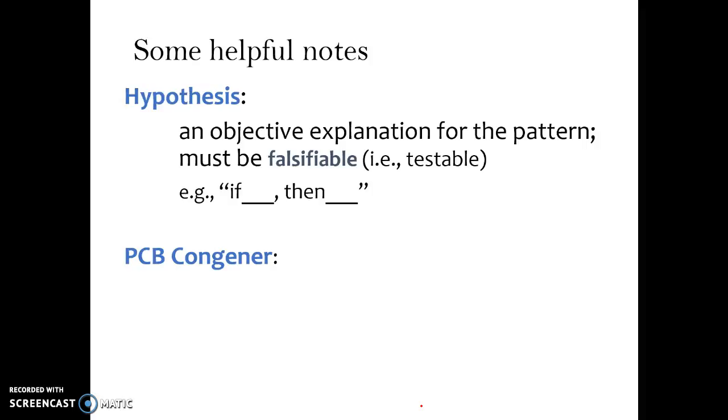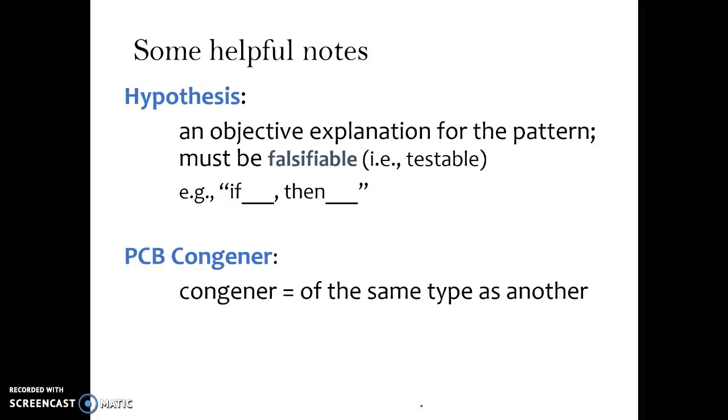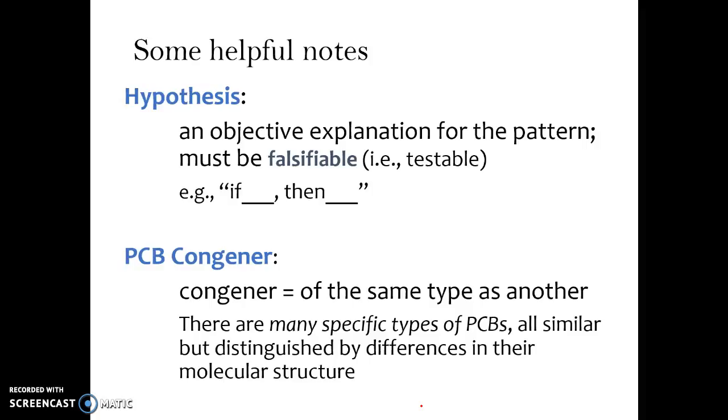When you get later on in the case study, it will ask you to interpret some figures. And these figures show you data from multiple PCB congeners. A congener is a general term for something of the same type as another thing. So this is just referring to that there are many types of PCBs.